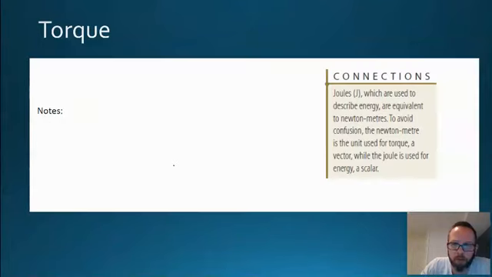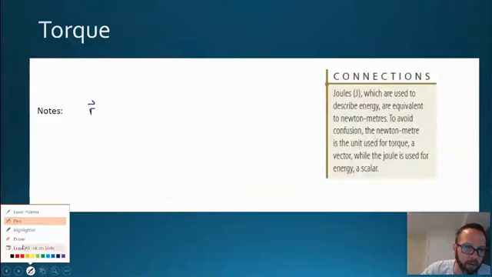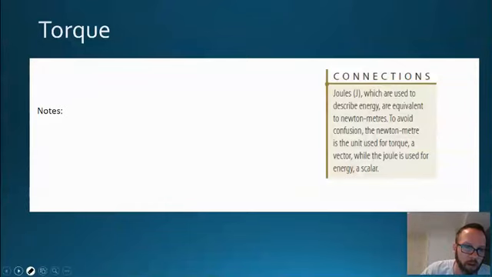So a couple notes here. I should first say what torque is equal to. We use the Greek letter tau to represent torque. It kind of looks like that. And torque is a vector.